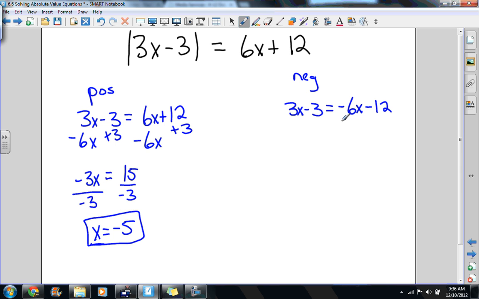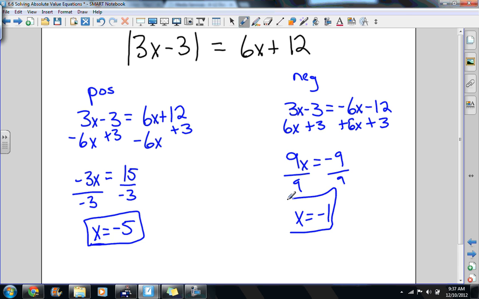And over here, same thing, we're going to add 6x and add 3. So we get 9x equals negative 9, because that's negative 12 plus 3. And we divide by negative 9, so x equals negative 1. And then you check your answer.